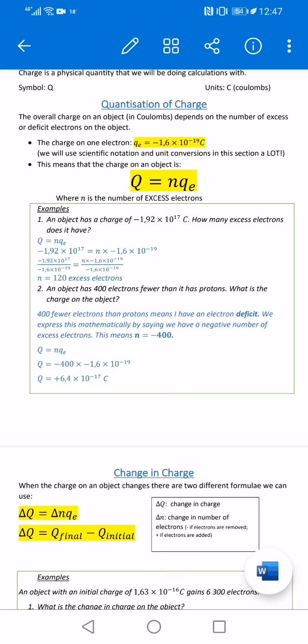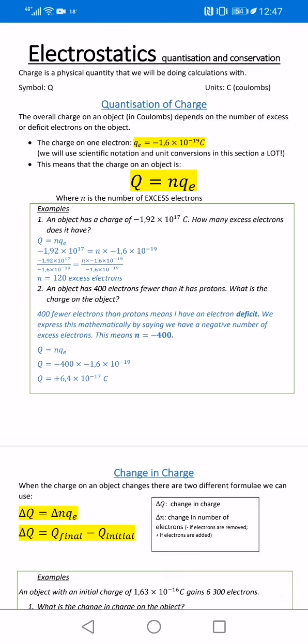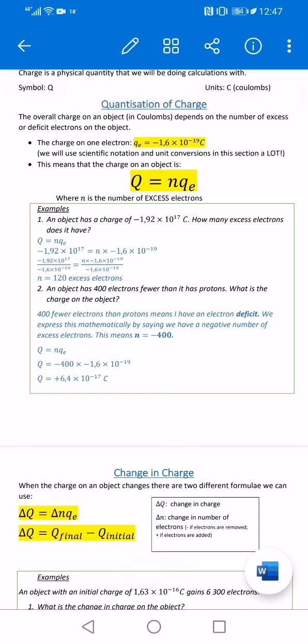Now something very important, I want you to add this here. If you've printed this note, you're going to write it next to this little equation for me. So it says n is the number of excess electrons. So that means, and this is what you're going to write for me, if you have deficit electrons, n should be negative. Okay, so that's what you're going to write.